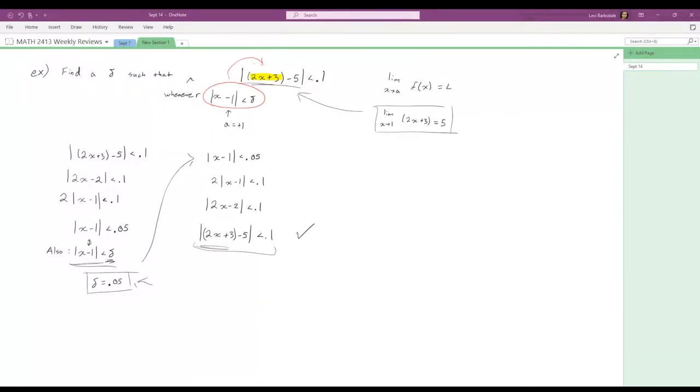Any questions on this example? Yeah, go ahead. You did have a question, right?